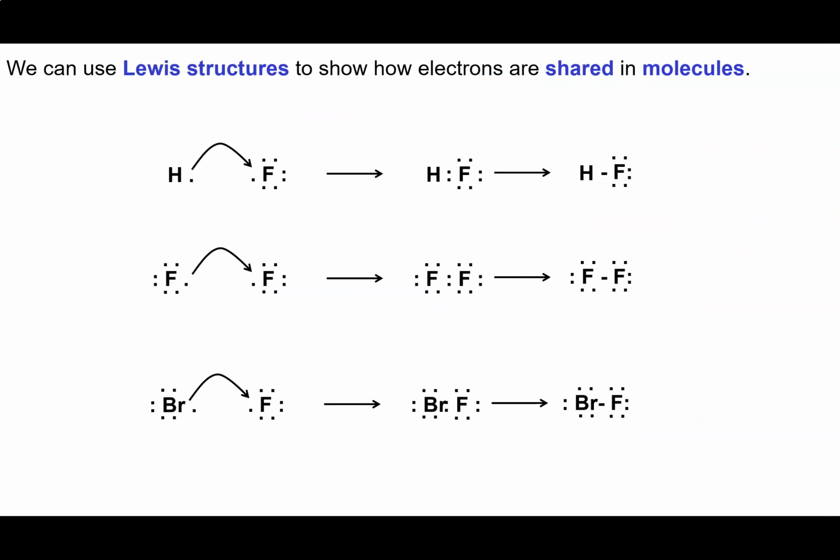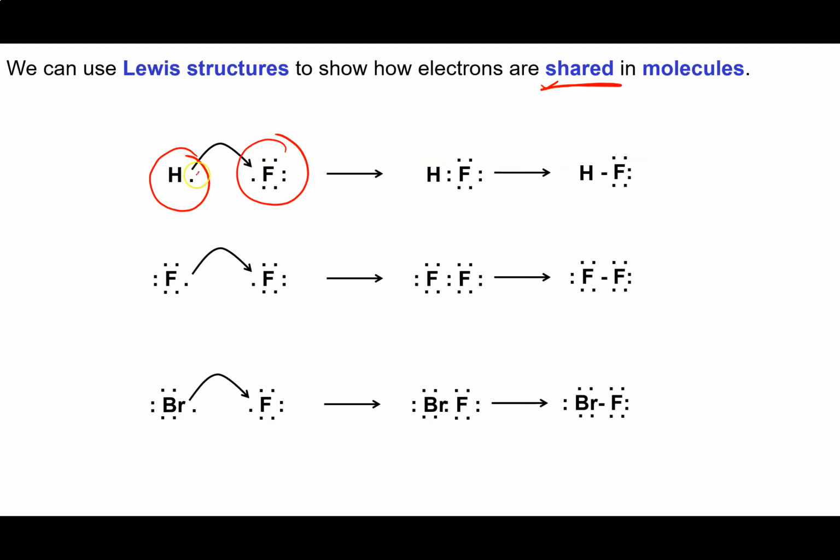So just like we used Lewis symbols to illustrate how electrons were transferred in ionic compounds, we can use Lewis structures to show how electrons are shared in molecular compounds. Let's think about what happens when a hydrogen atom with its one valence electron interacts with a fluorine atom, which has 7 valence electrons.